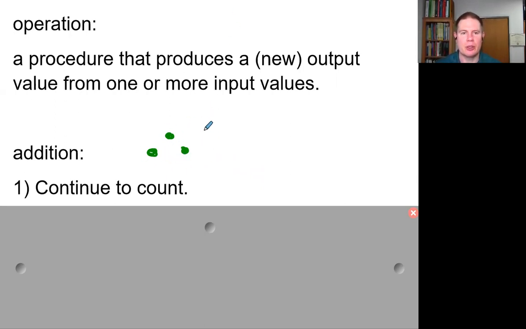If I get 2 more, I count 1, 2, 3, 4, 5, right? And we could start over. I had 1, 2, 3 for the green. And now once I get a couple more, I can start again and count 1, 2, 3, 4, 5.